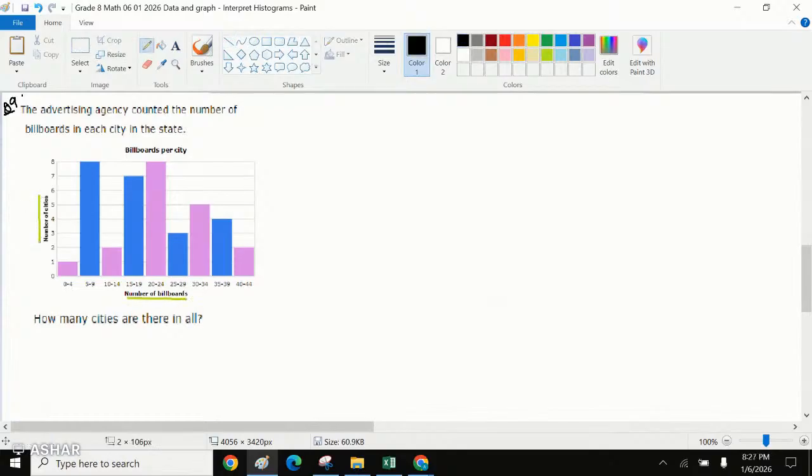So if we are looking at this, can we say that there were 0 to 4 billboards in 1 city? 5 to 9 billboards were owned by 8 cities. 10 to 14 billboards were owned by how many cities? 2 cities, and so on. So can we find the values?